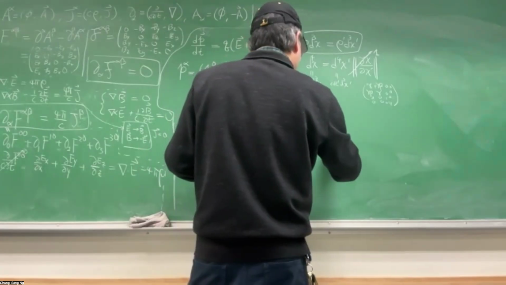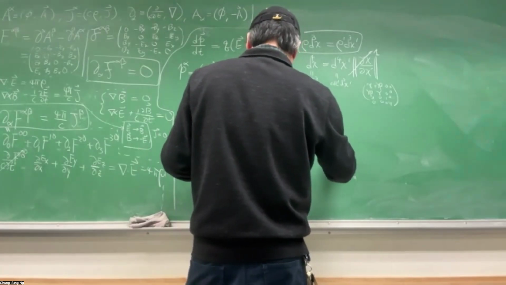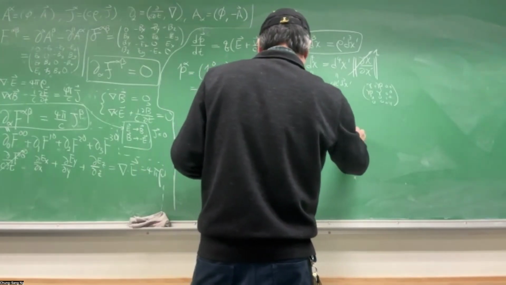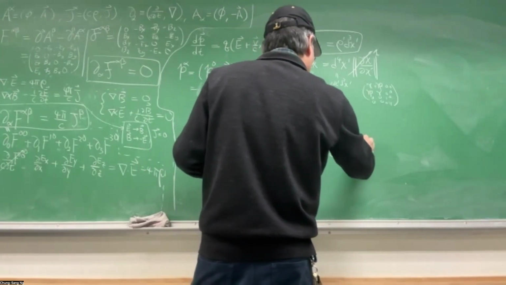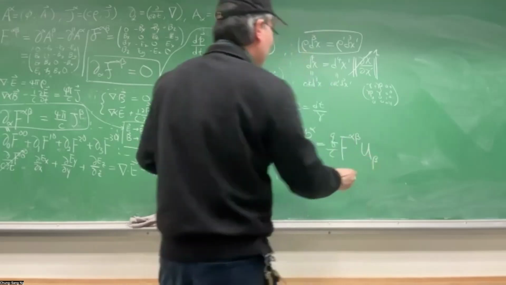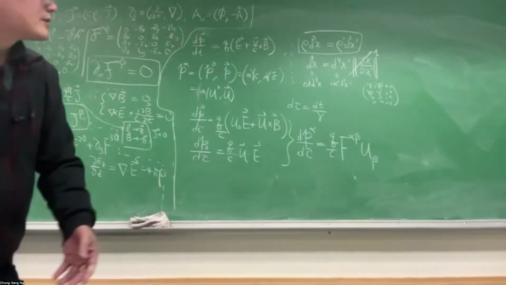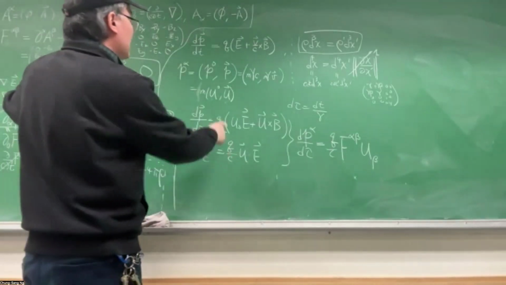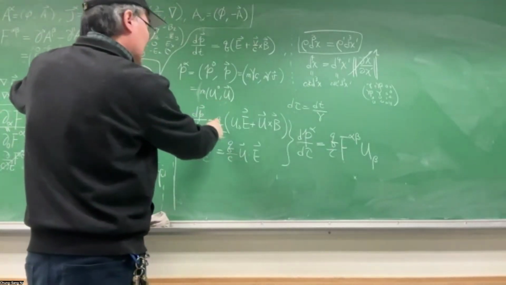And now the last step just needs to be checked explicitly. It's just the contraction of this field tensor with this U 4-vector.